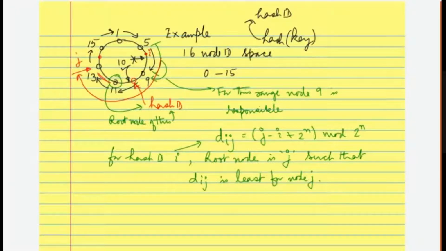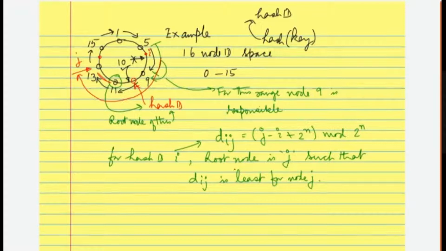This distance will be given by J minus I, and this can also be negative, need not always be positive, because after 15 the circle is completing and I am coming back to 0, 1 and so on. So J minus I can also be negative. That's why we can add 2 raised power n and then do a modulo operation. That will give me the distance always in clockwise fashion.